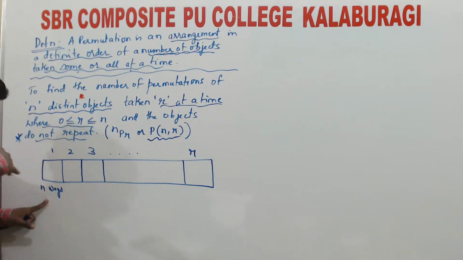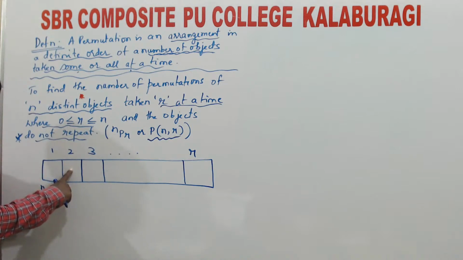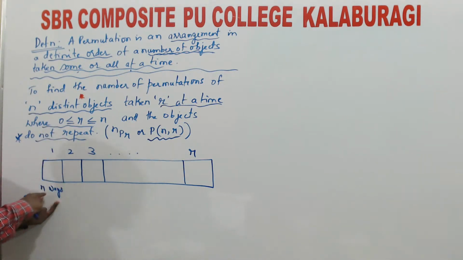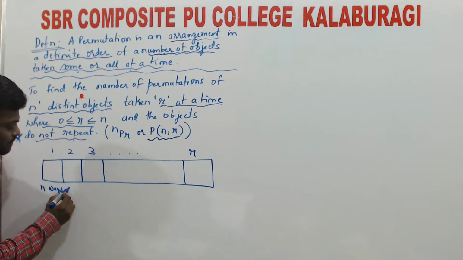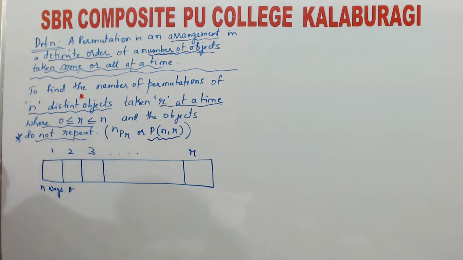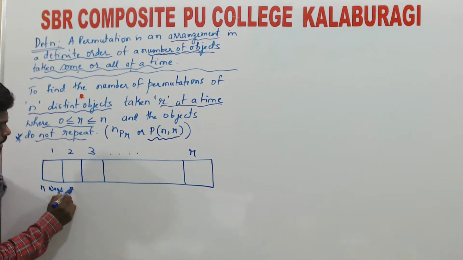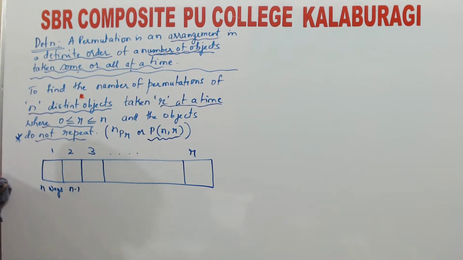Now next, I have to fill the second box also, and the objects do not repeat. Out of n objects, one is used here. Now for the second box, how many objects are we left with? One less than n, which is n minus 1.